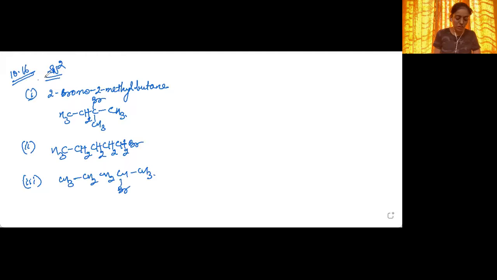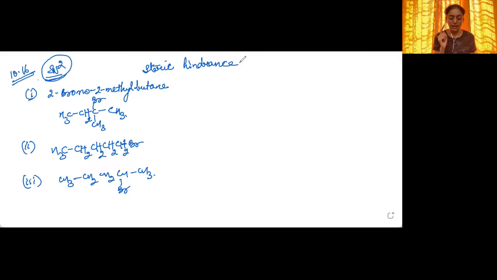We need to compare the reactivity towards SN2 reactions. Okay. When we are talking about SN2 reactions, the reactivity depends upon the steric hindrance. That is, on the carbon on which attack of the nucleophile is to take place, how much crowding is there around that particular carbon?